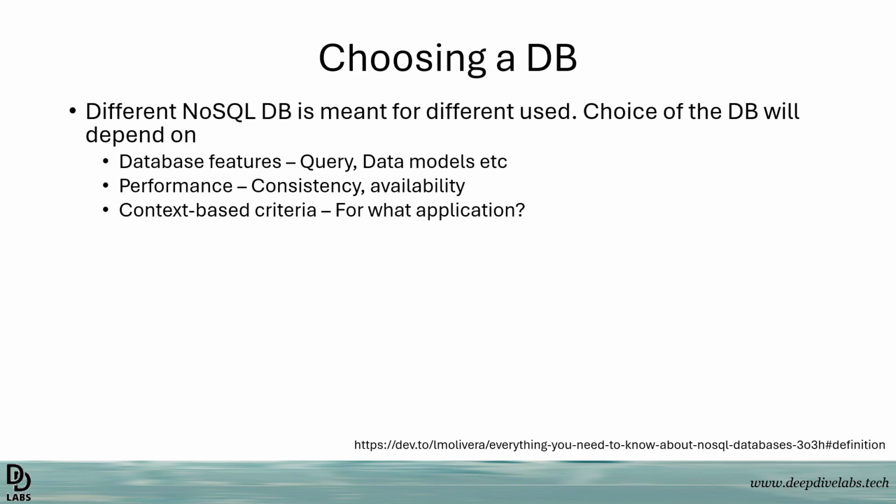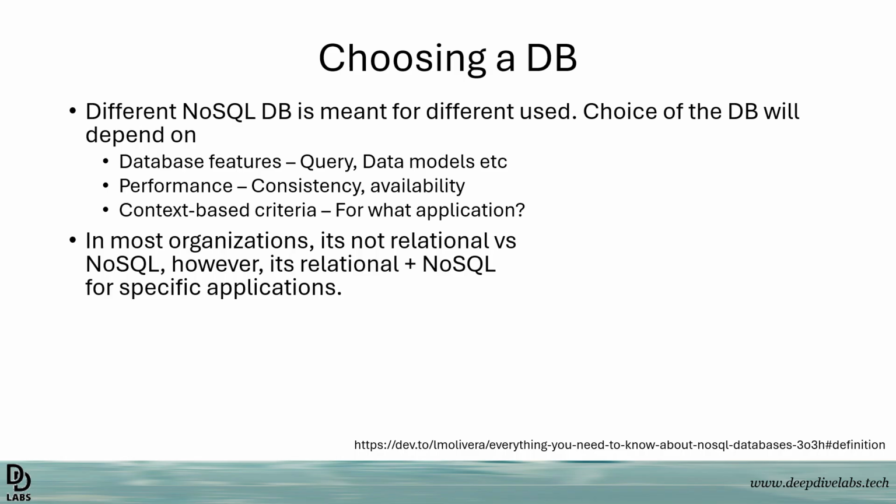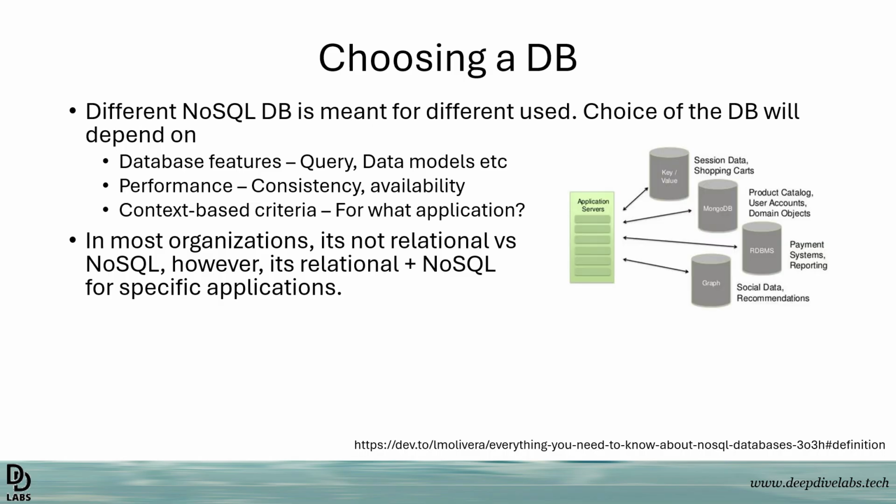The database of choice should be close to the application which needs to use the data, right? So in most organizations, as we started off in the discussion, it is never relational versus NoSQL. However, it's relational plus NoSQL for specific applications. So you can have different application servers.